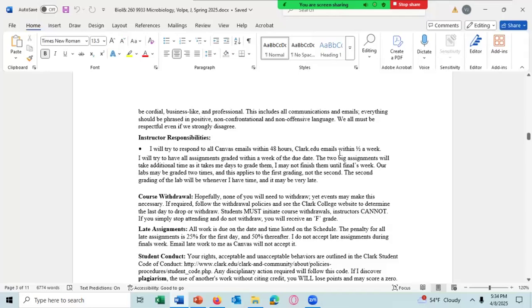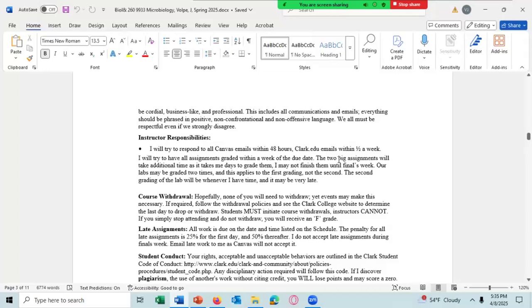I'll try to have all assignments graded within a week of the due date. Now note there are 2 big lab assignments in this class that take me days to grade. So those may take me longer than a week to get them graded. And I usually do not finish these 2 big assignments until close to finals week or during finals week.